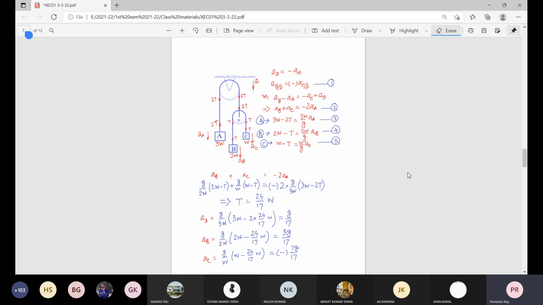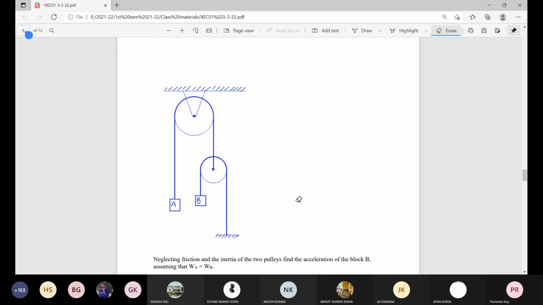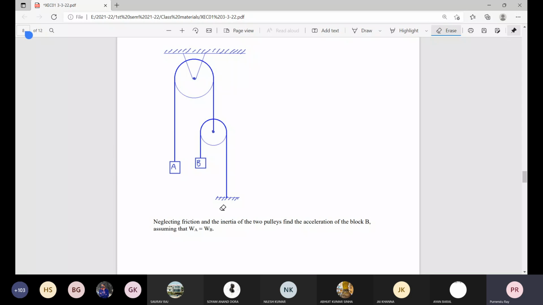Now a similar kind of problem has been taken up next. Here this end is not free like that weight C as it is here. This end has been fixed with the floor.